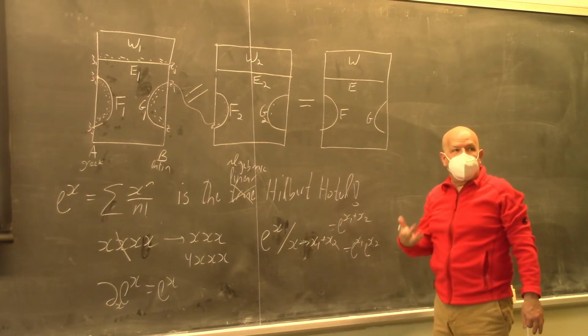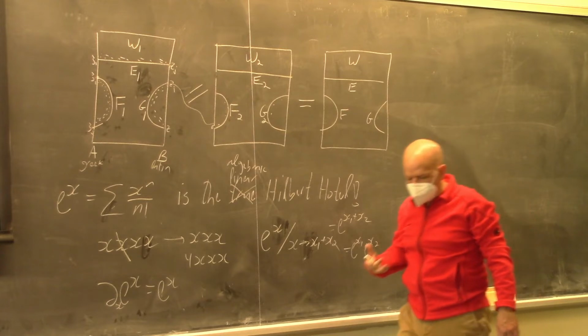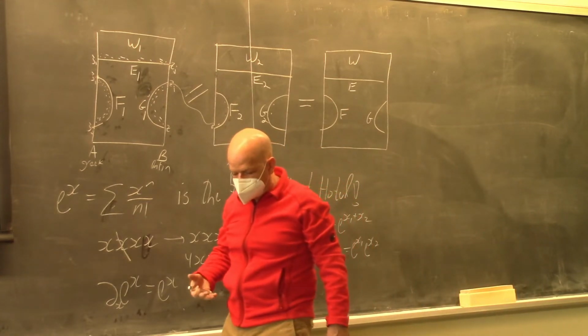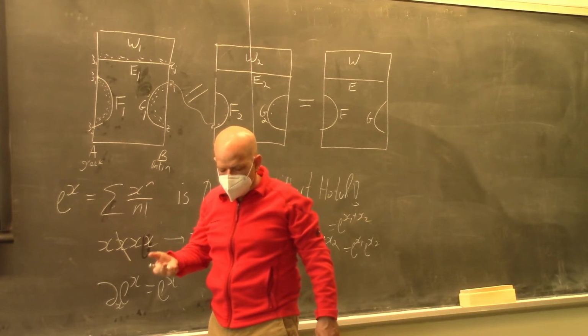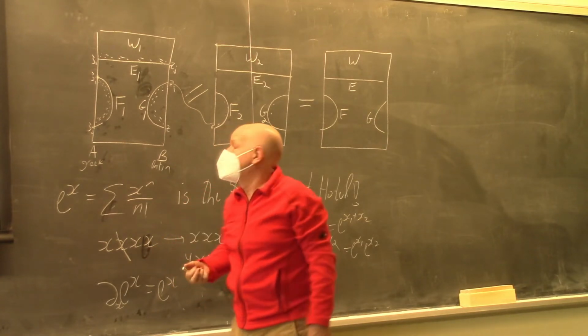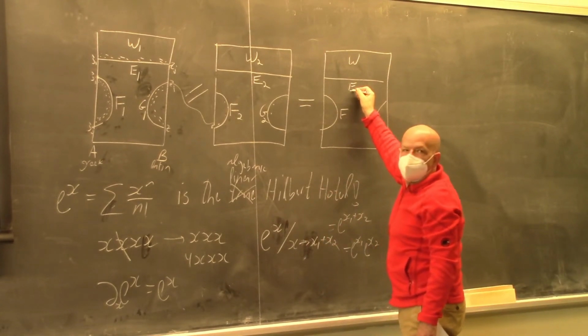So let's count these graphs, or let's see what would be the contribution in the output to each such possible graph. So for example, what will be the E in the output?